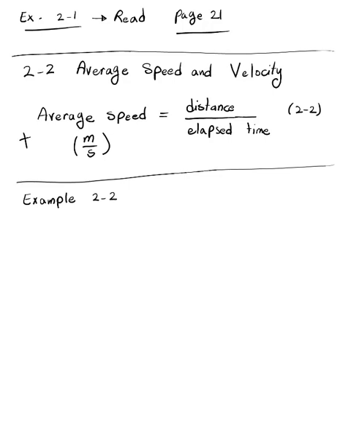Let's solve example 2 in your book. It says a dog trots back to its owner with an average speed of 1.40 meters per second. Remember that we need to write down the known and unknown of the problem.